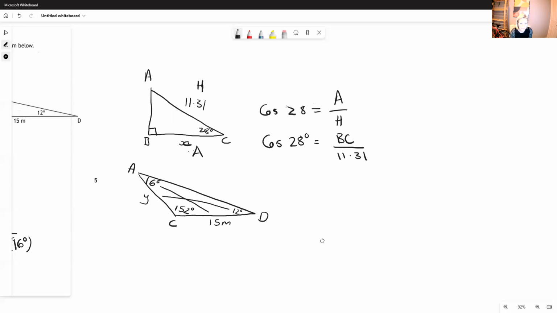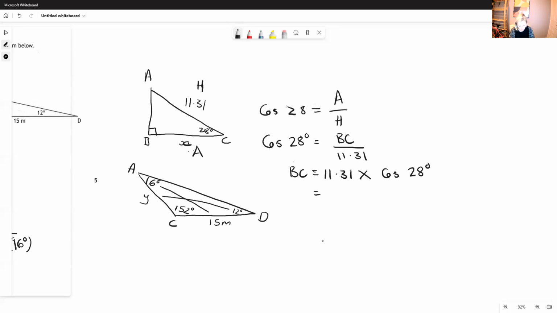And so to get BC on its own, I multiply both sides by 11.31. So BC is 11.31 times cos 28.